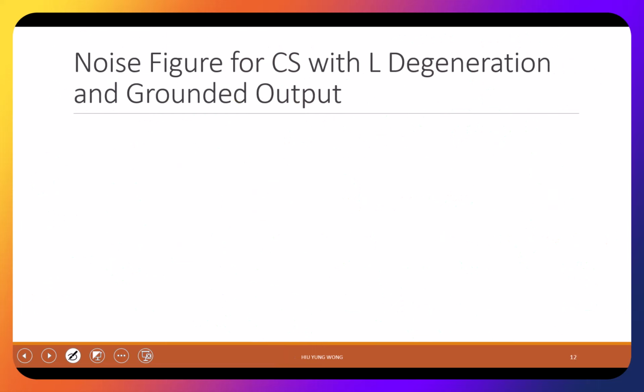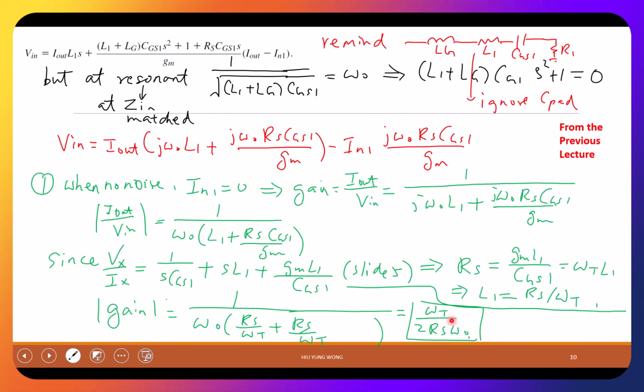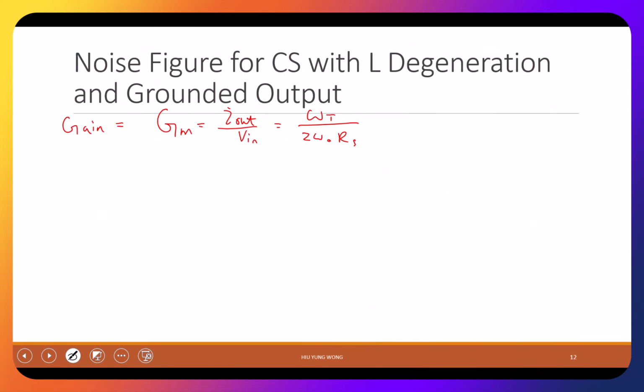So here is the summary, right? So we just say that the gain equals to capital GM, right? Why GM? Because it's I out divided by VE, right? Equals to omega T divided by 2 omega 0 Rs, right? Let's check. This is what we got earlier. Omega T divided by 2 Rs omega 0. We also say that the noise, right?